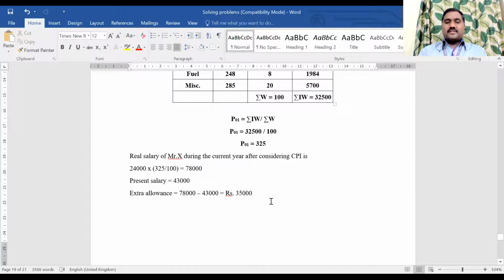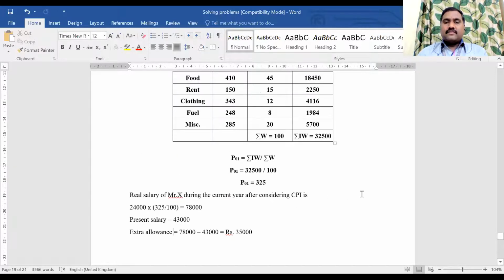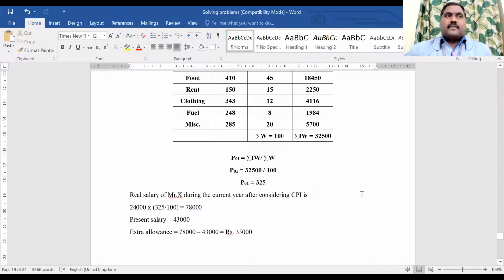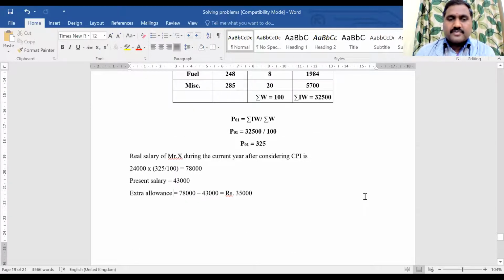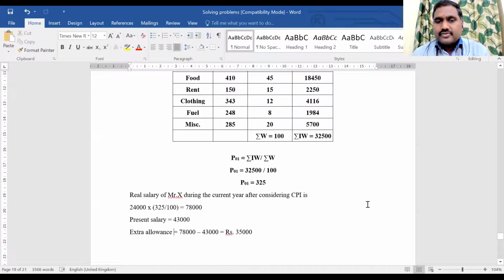Extra allowances needed for Mr. X for standard of living is rupees 35,000. Okay, copied. So with this, the second problem is over.